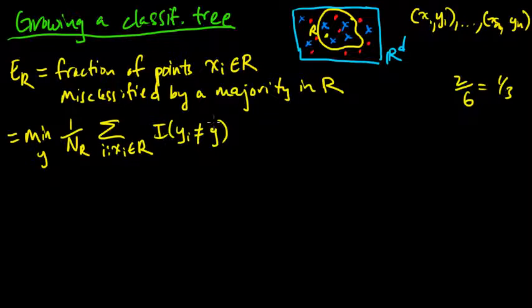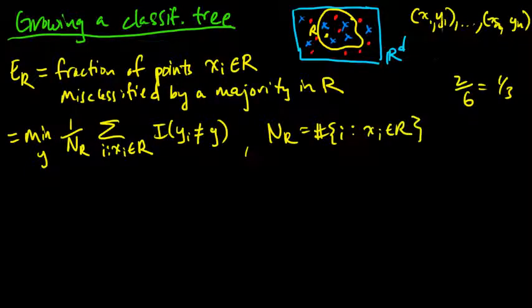So this tells us the number of points in R for which the label is not equal to y, and nR is the total number of points, the number of i's such that xi is in R, the total number of points in our training set that is in R. So this is exactly what we get by taking a majority vote.